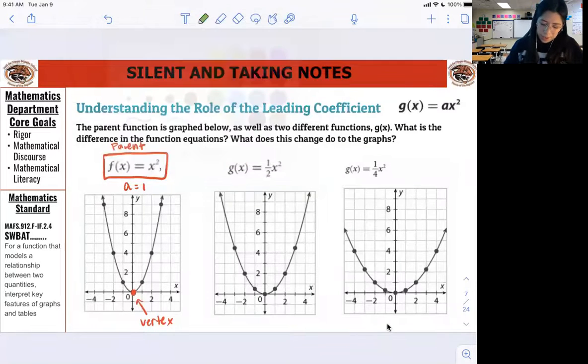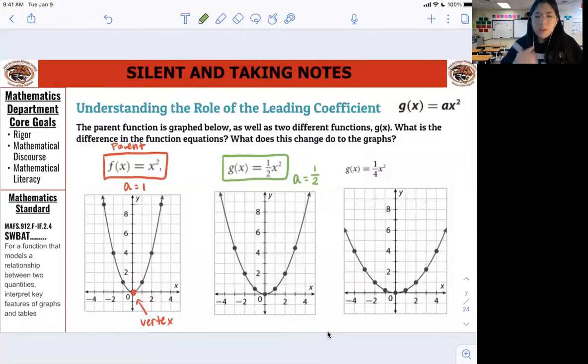So for g of x, what's the value of A? What's the leading coefficient? 1/2. So now I'm making the leading coefficient smaller. I'm making it into a fraction. And visually, what happens?